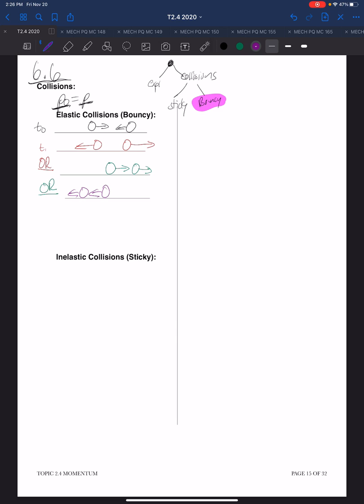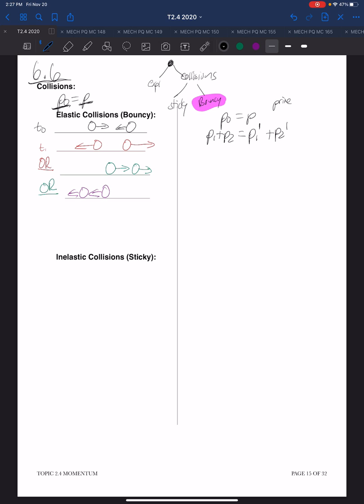Let's trace out the algebra here to see the relationships. We have P0 equals P. Initially there are two particles, particle 1 and particle 2. Afterward, they're the same two particles, and to denote afterward, we put a prime: P1 prime and P2 prime.